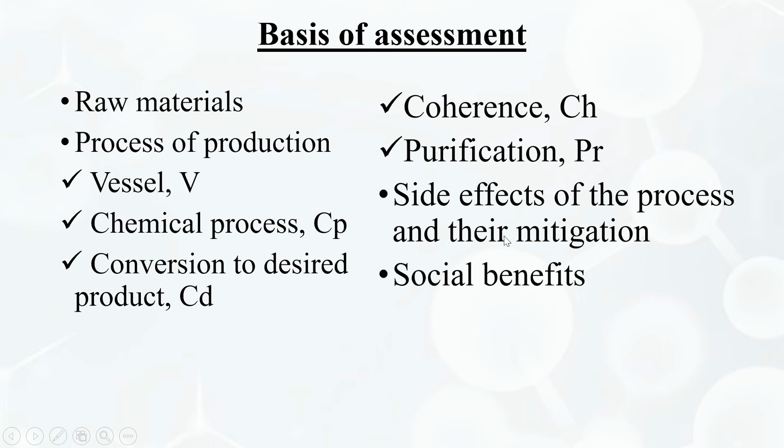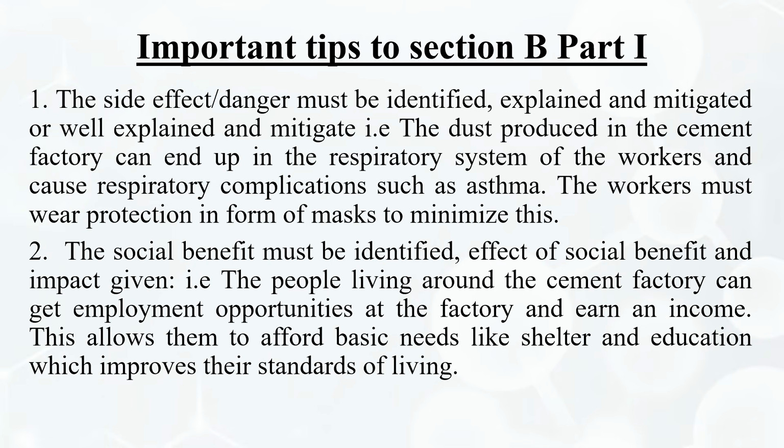Now we're explaining what we do in side effects, social benefit, process of production, and raw material. Just look at that. The side effect must be, the word is must, be identified, explained, and mitigated. All well explained and mitigated.